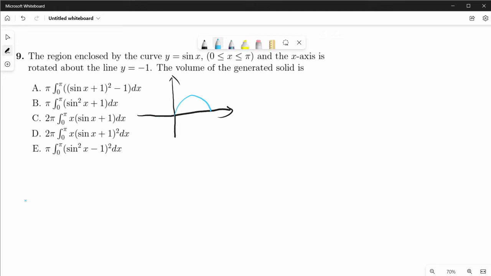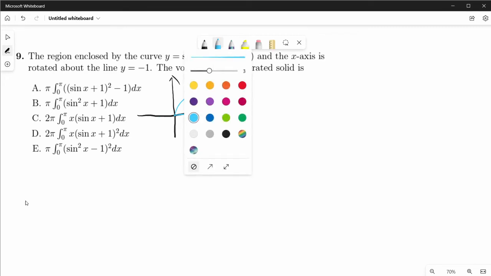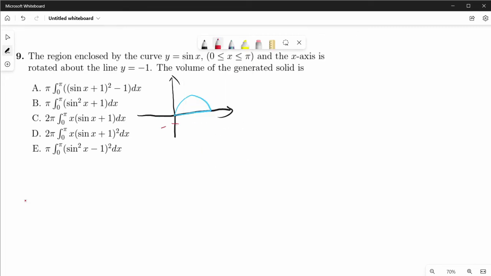And it's bounded by the x-axis. It revolves around -1. That's not drawn to scale, but that's fine. So revolved around here, something like that.